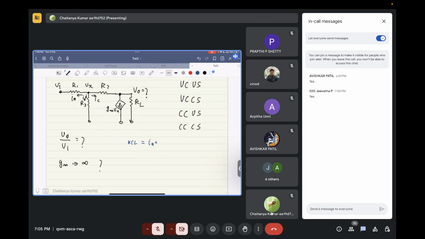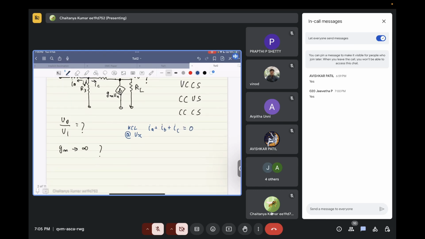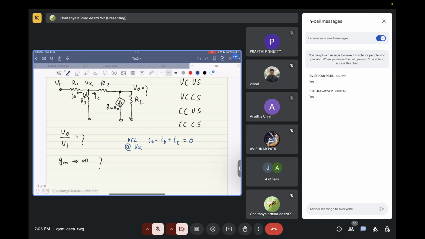So KCL at node Vx: Ia plus Ib plus Ic is equal to 0, correct? Now, what is Ia? Can you help me write Ia, Ib, Ic? Ia is equal to Vi by R1. Are you sure?